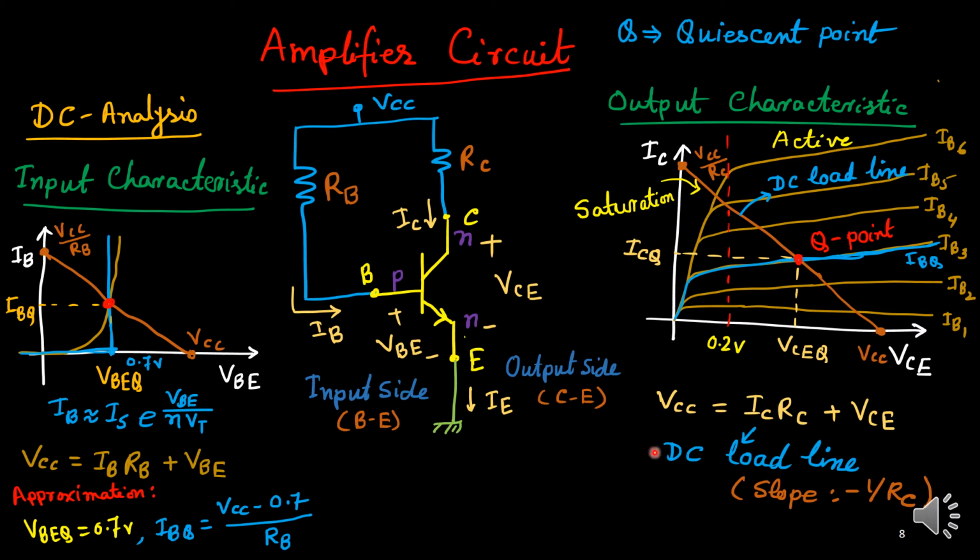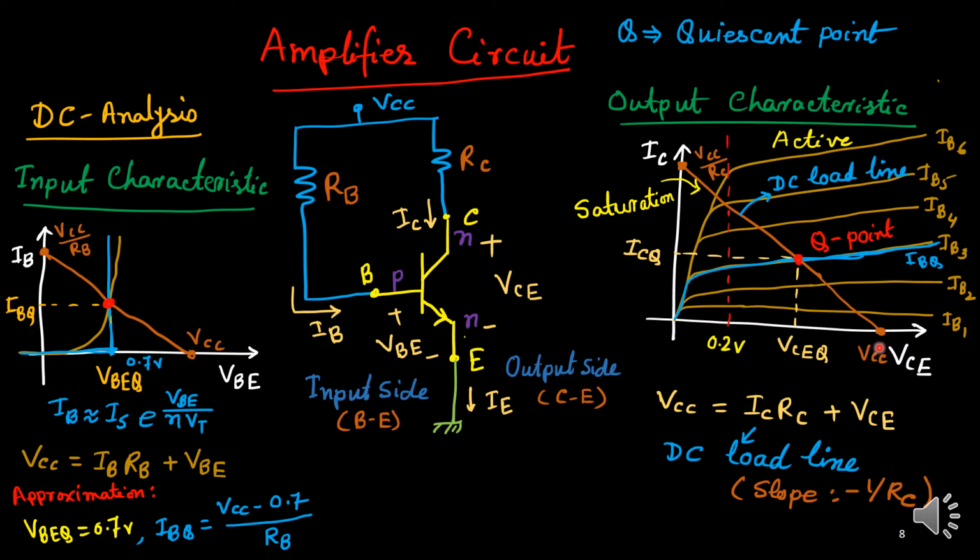This is nothing but the DC load line. This point is VCC, because when IC equals 0, VCE equals VCC, so it cuts the VCE axis at the VCC point. Similarly, when VCE equals 0, IC equals VCC by RC, so this point is VCC by RC.